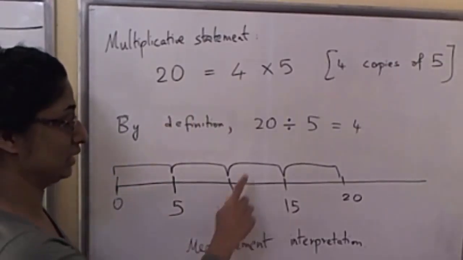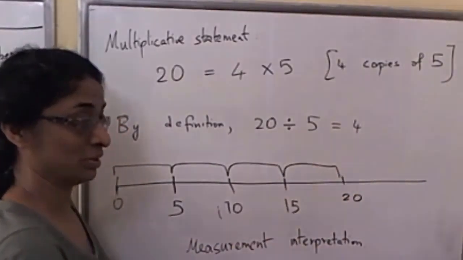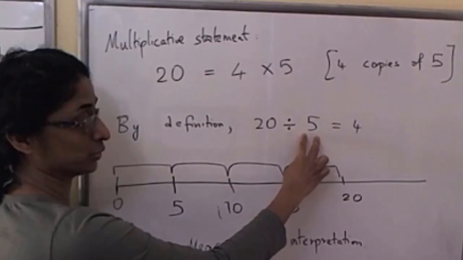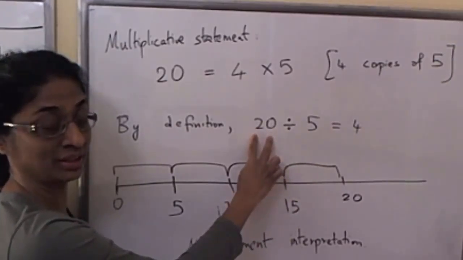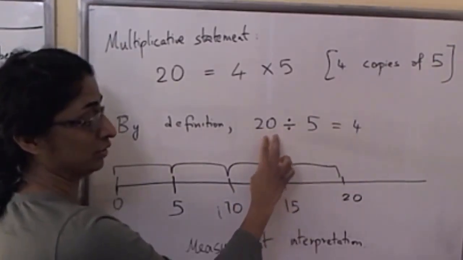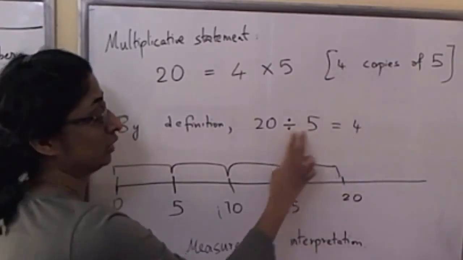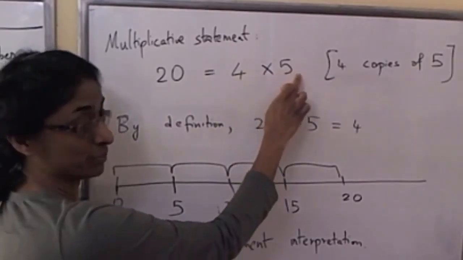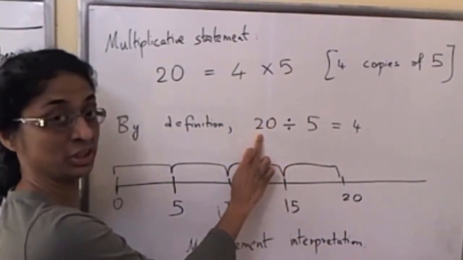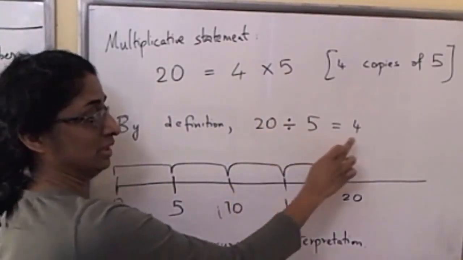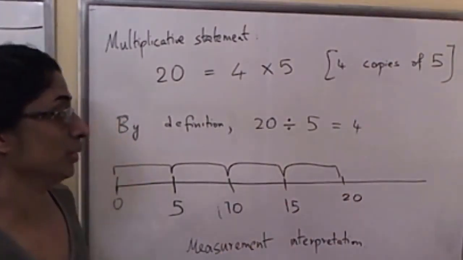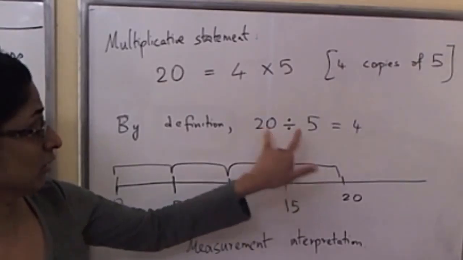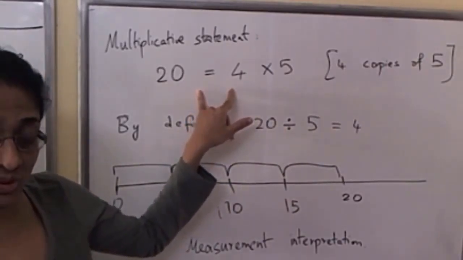In this division statement, we are asking what is the number of multiples of 5 in 20, and the answer is 4. 20 divided by 5 is 4, and that's exactly what this is also saying. 20 is 4 copies of 5. Here, how many copies of 5 are in 20? The answer is 4. So again, the division statement is simply an alternative way of writing this multiplicative statement.